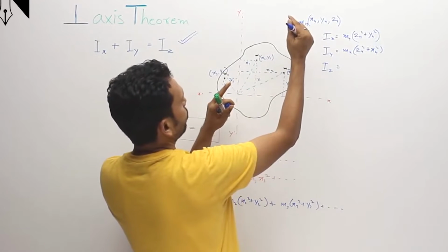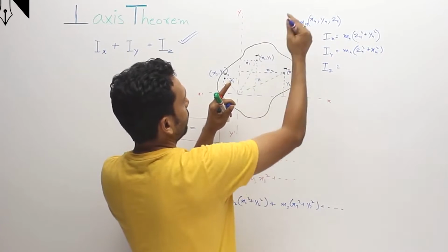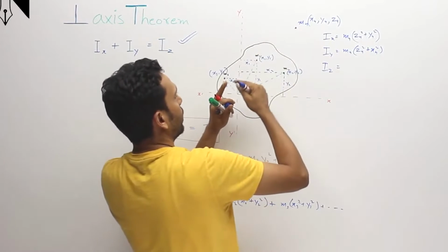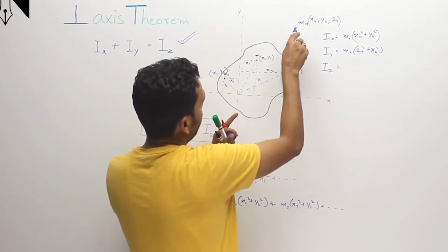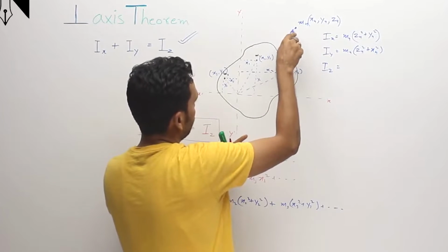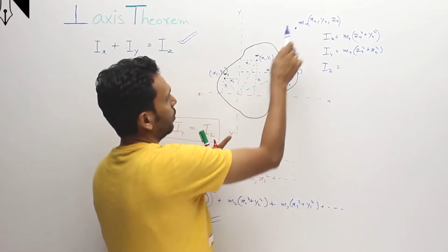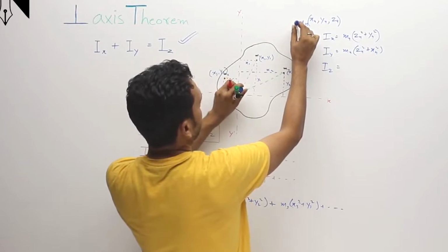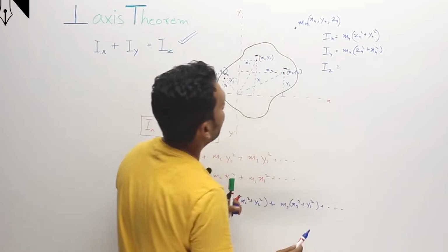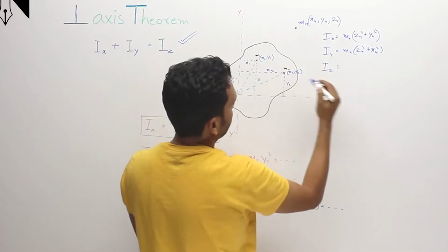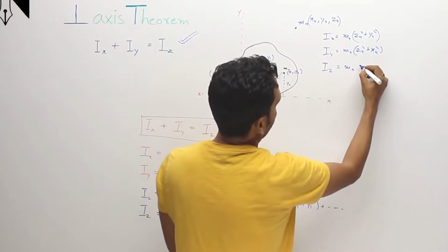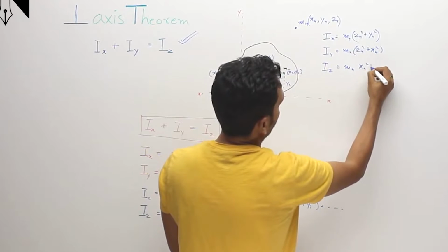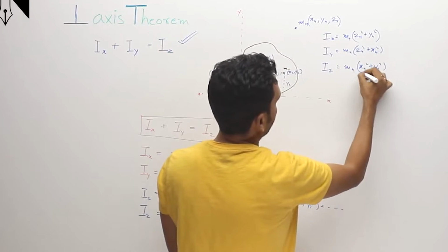The shortest distance to the z-axis is the direct distance over here. That is this base distance. Whatever is the distance of this point from the origin will be the distance of the tip of the blue marker to the tip of the green marker over here. So how much is that? That is your m4 times x4 square plus y4 square.